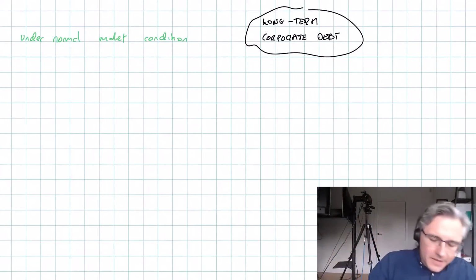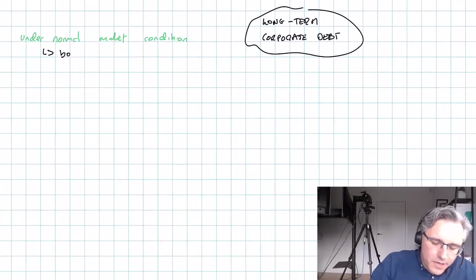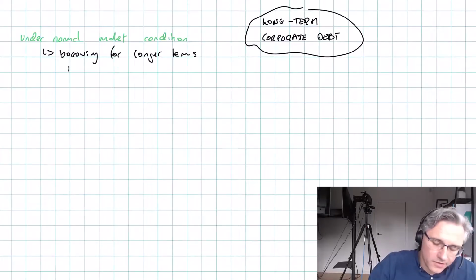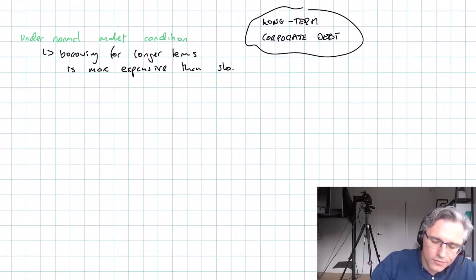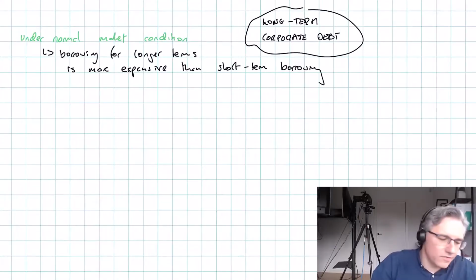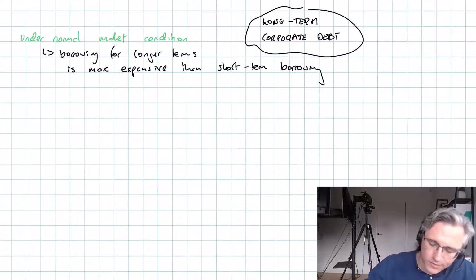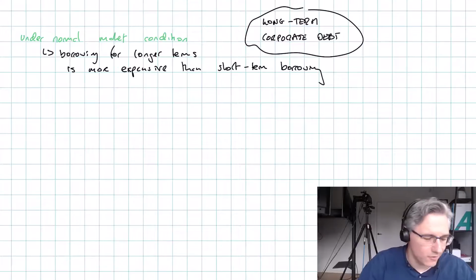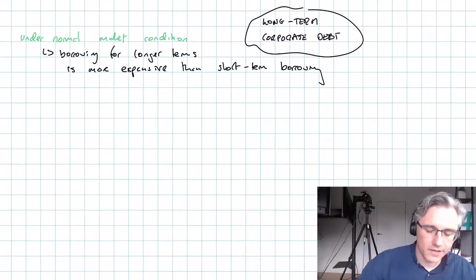What does that mean? Under normal conditions, borrowing for longer periods, for longer terms, should normally be more expensive than short-term borrowing, or issuance of short-term debt or taking of short-term loans should be cheaper than taking longer-term loans.